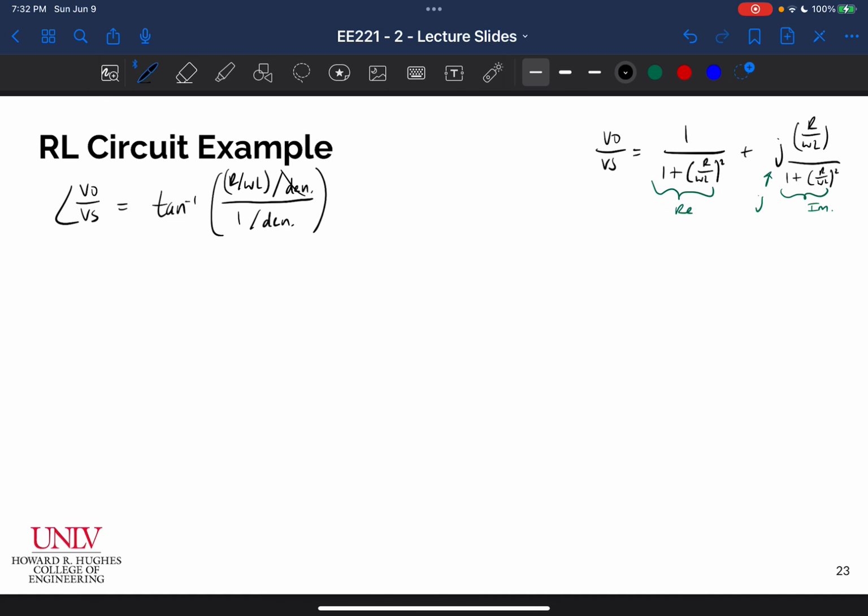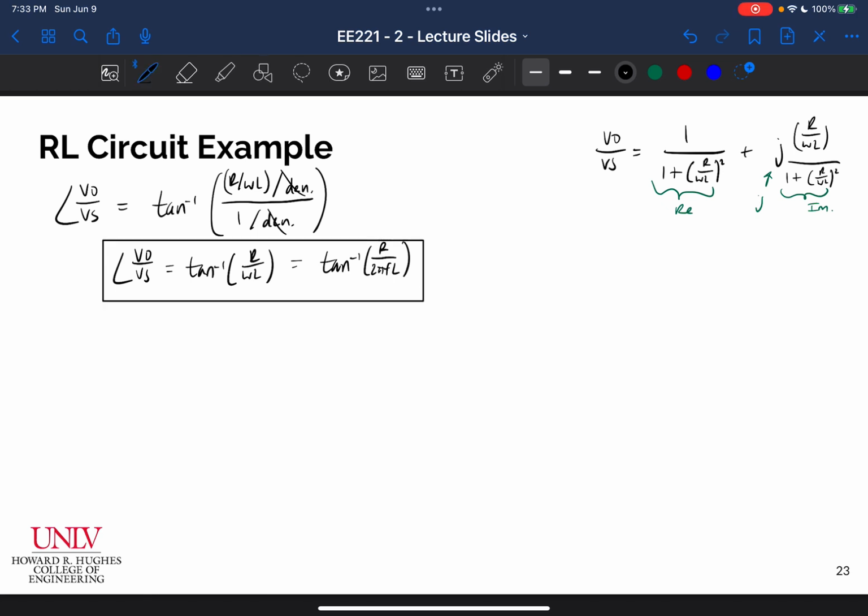And so I can just say that these two denominators cancel, and I get that the angle of V out over Vs is equal to the tan inverse of R over omega L, or the tan inverse of R over 2 pi F L. All right, so draw a box around that.